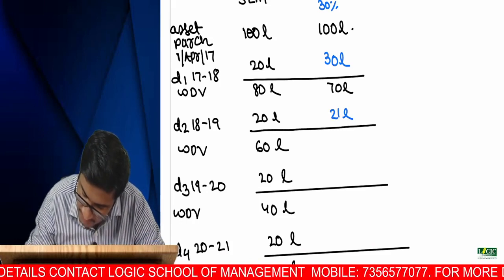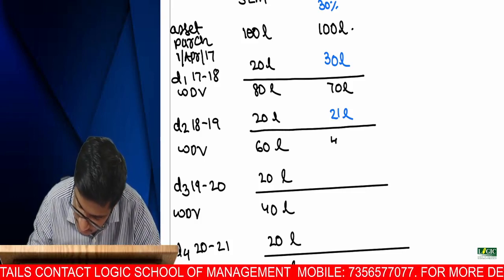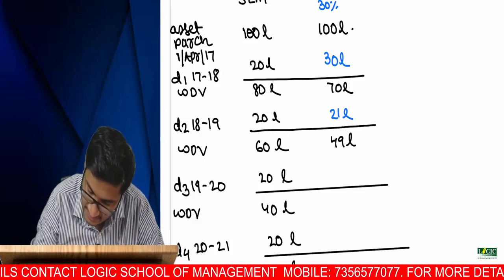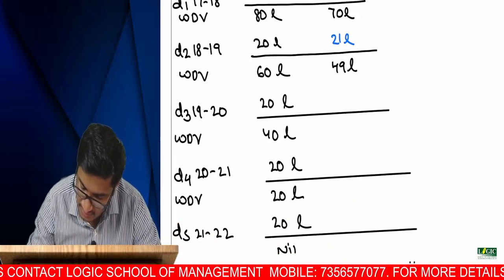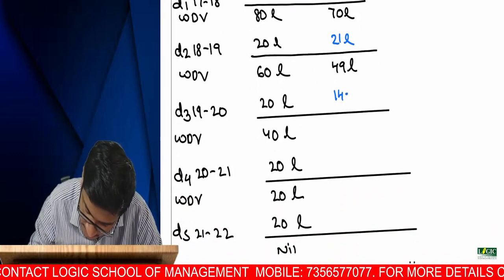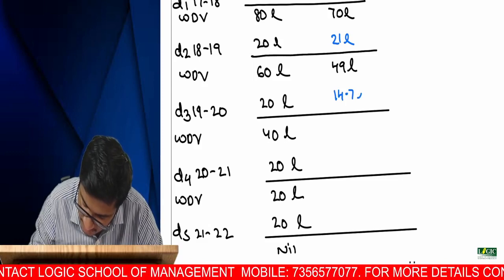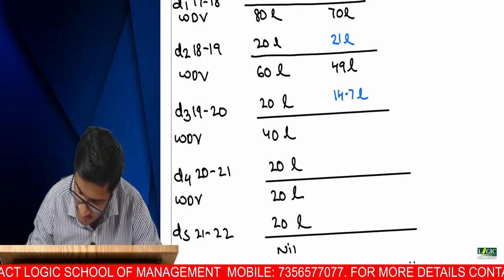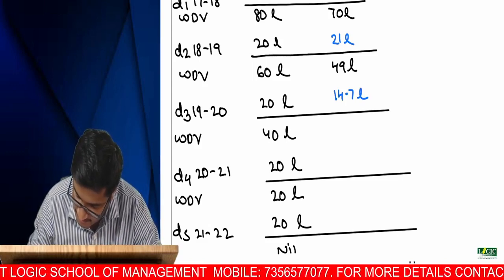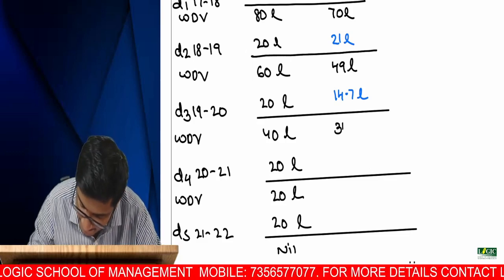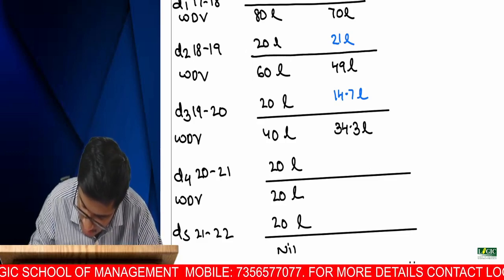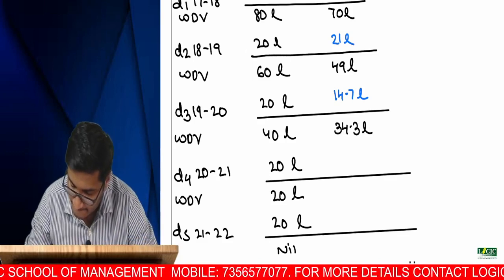What is WDV? 49 lakh. What is the next depreciation? 30%. 14.7 lakh. What is WDV? What is next depreciation?